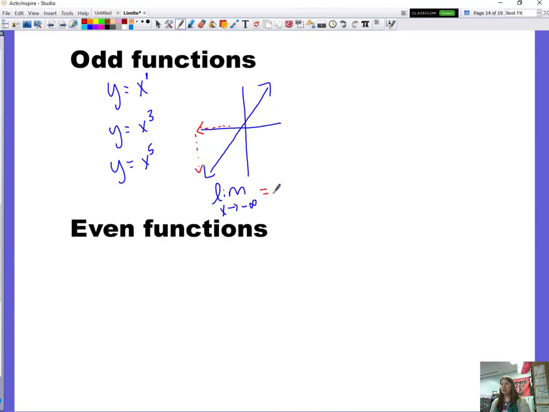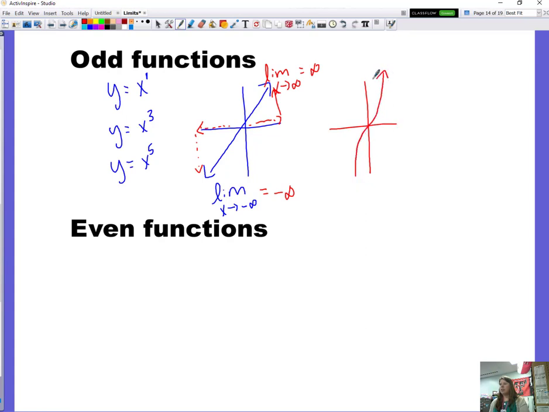So the answer is that as x approaches negative infinity, the y value goes to negative infinity as well. For positive infinity, the limit as x approaches positive infinity is still positive infinity, because as x gets bigger and bigger forever, y is also getting bigger and bigger forever.